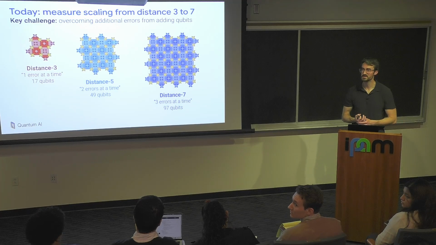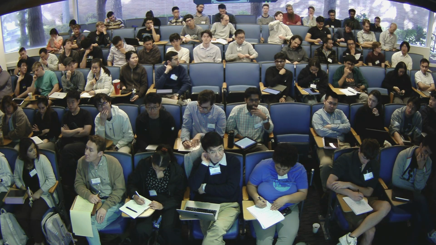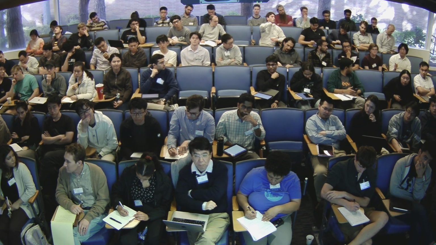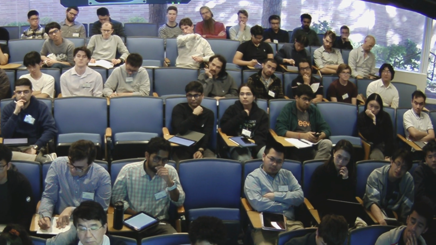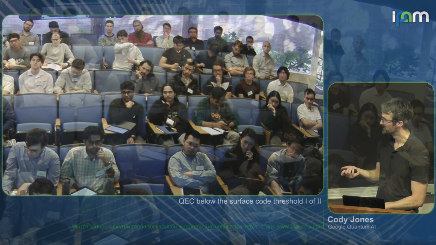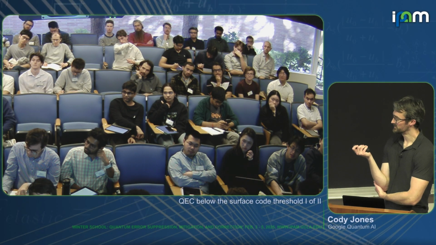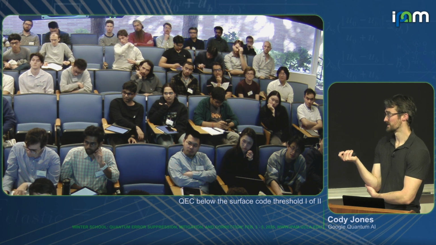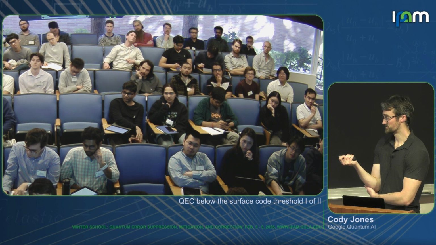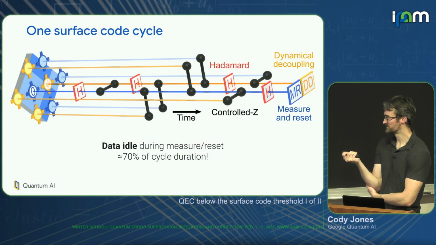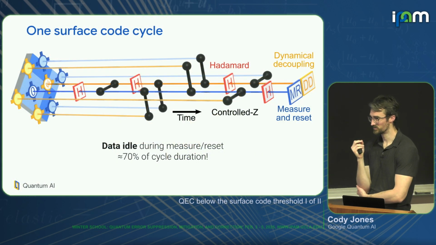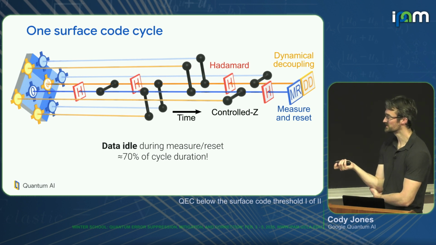Another question. I'm just curious, how long does the measure and reset take compared to, let's say, a CZ? I don't know the exact numbers off the top of my head, but I'll do the best I can. This whole cycle time, all of these operations together, is approximately 1 microsecond, 1,000 nanoseconds.